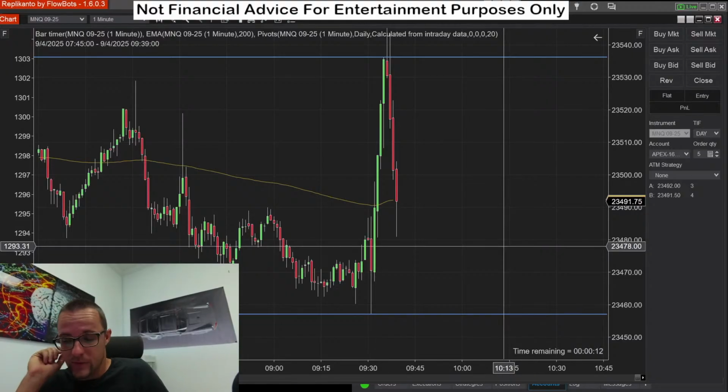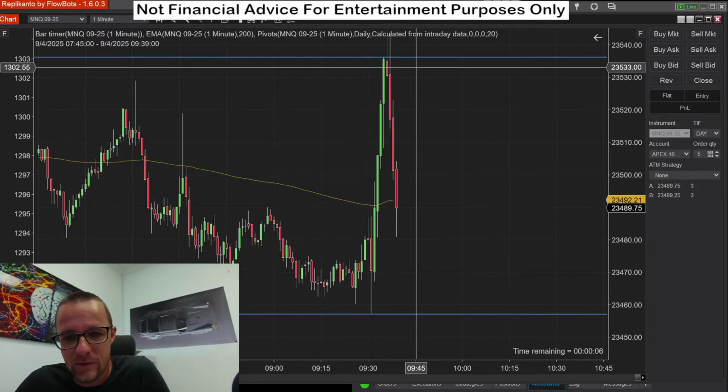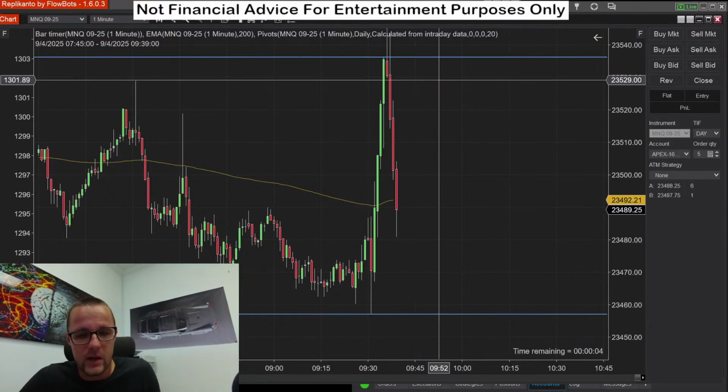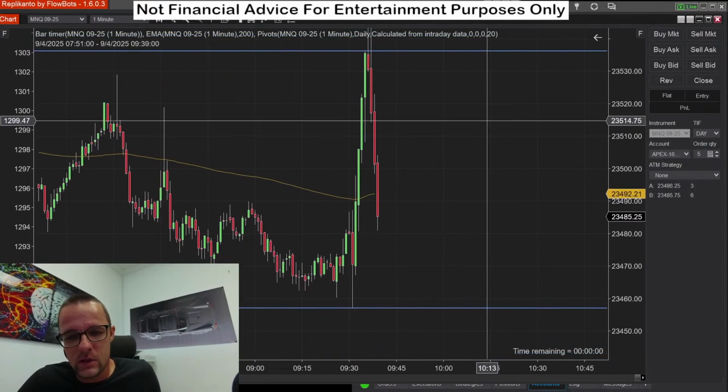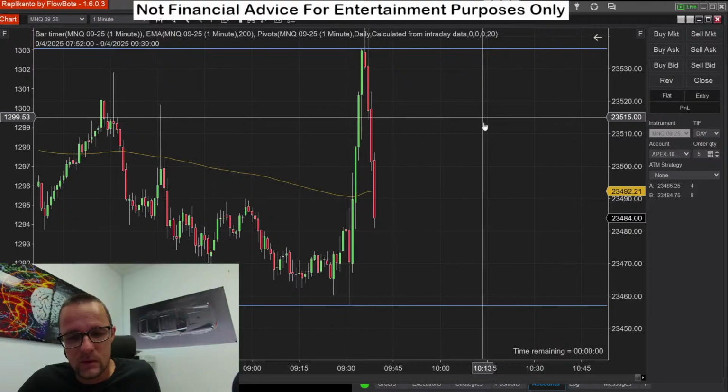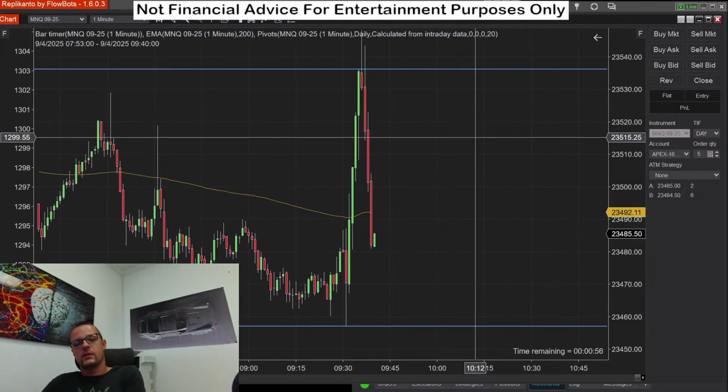Yeah, I'm waiting for the 5-minute. I almost thought I was gonna get a setup up here, but it failed to close above the range. I need it to close above the range. Now we're pushing back into the range, down to the lows.